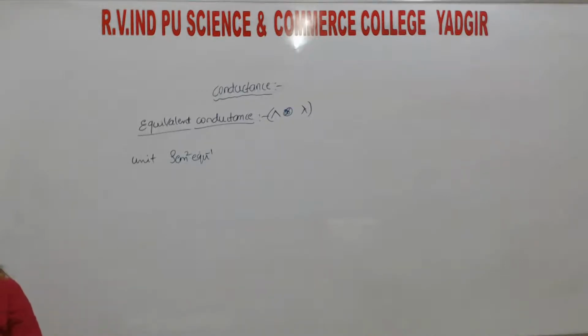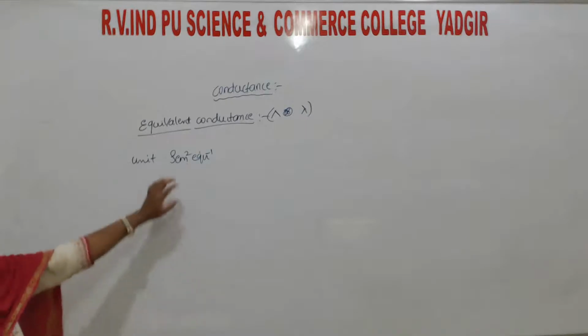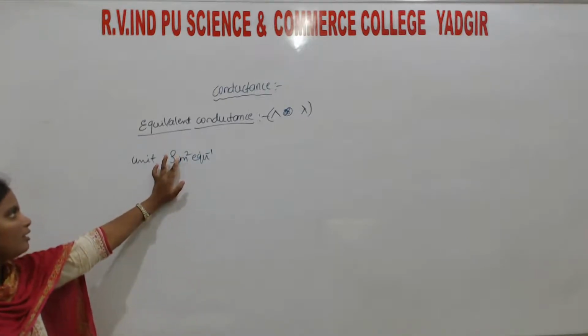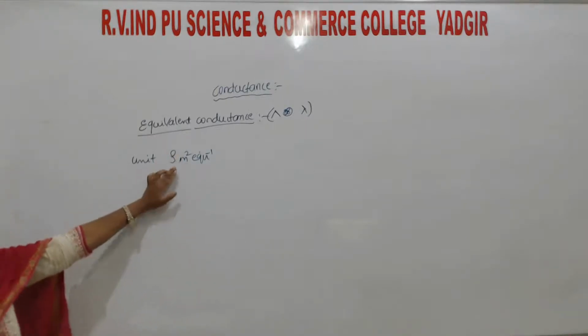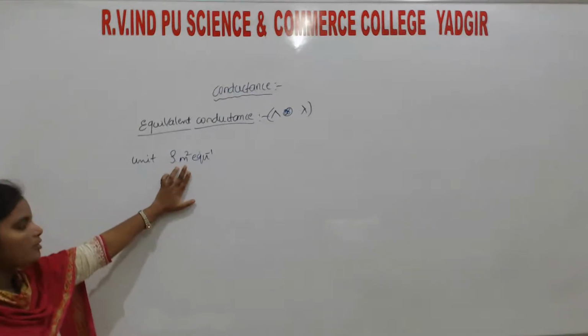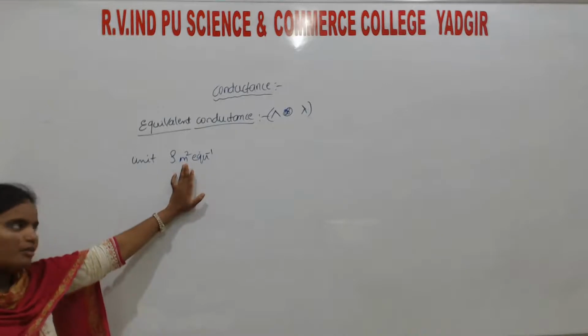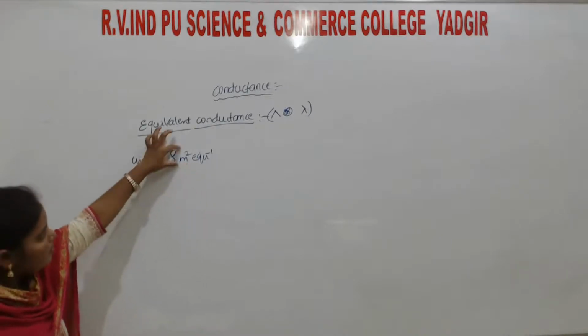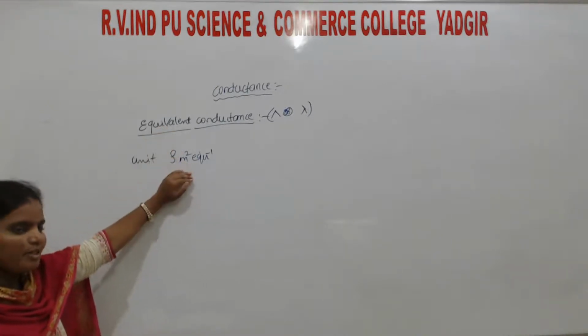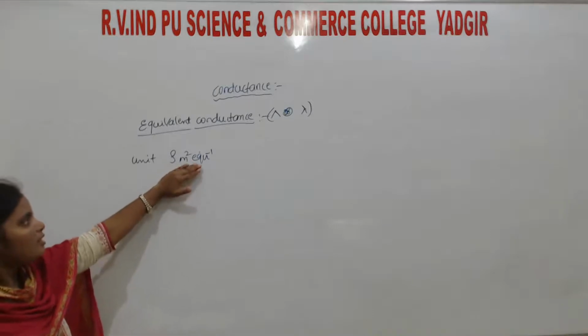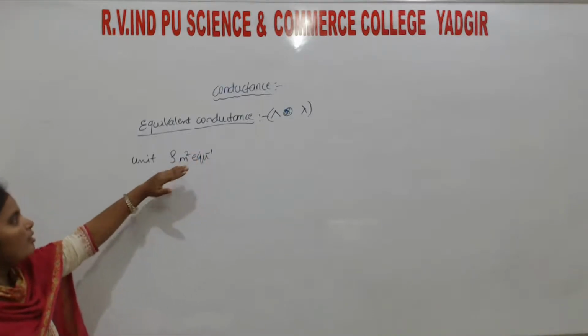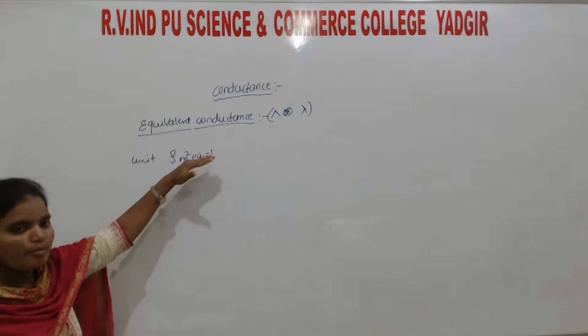And this equivalent conductance I will write here as m square. This is a Siemens meter square per equivalent. You write per meter or centimeter: Siemens centimeter per equivalent, or Siemens meter square per equivalent.